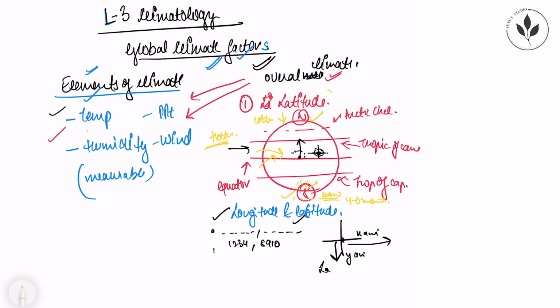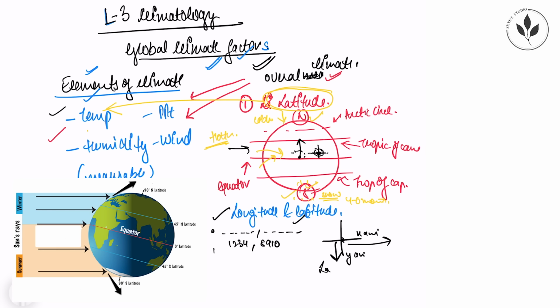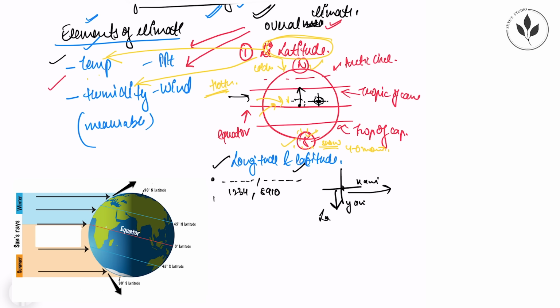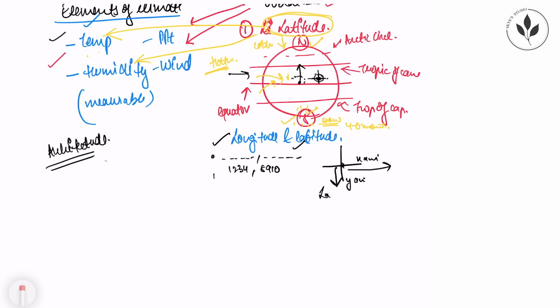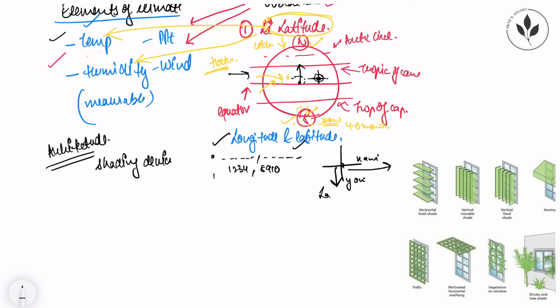And how is this impacting the elements? The latitude is directly affecting the temperature of a place, right? And then also the humidity of the place. So what should we do as an architect if we know about the latitude of a place? As an architect, you should consider shading devices in these areas which are closer to the equator.